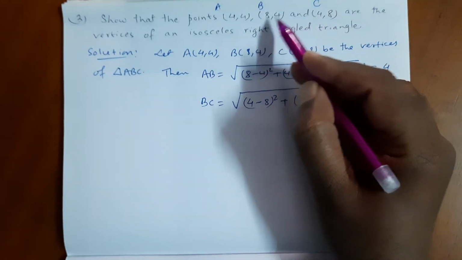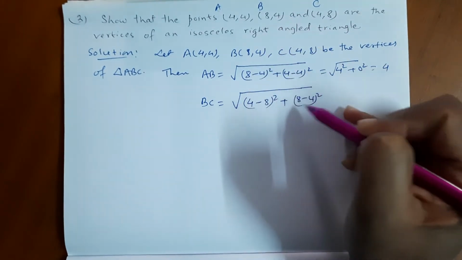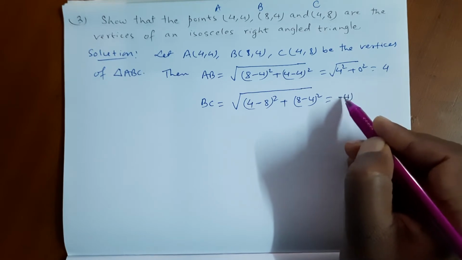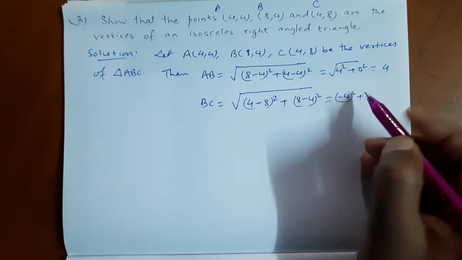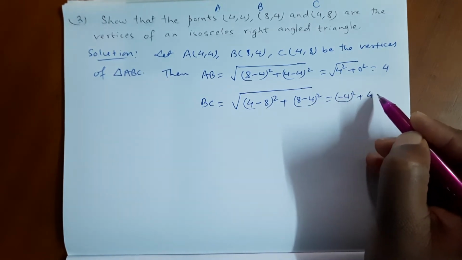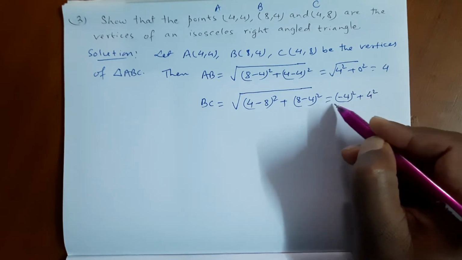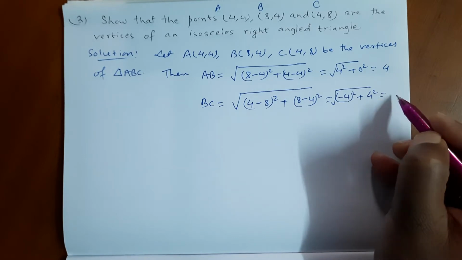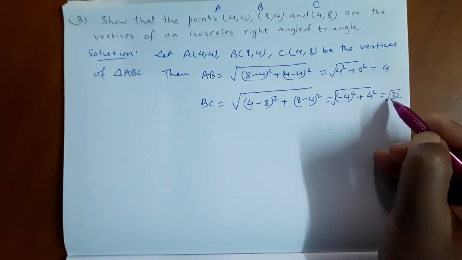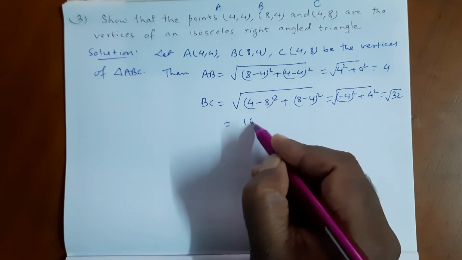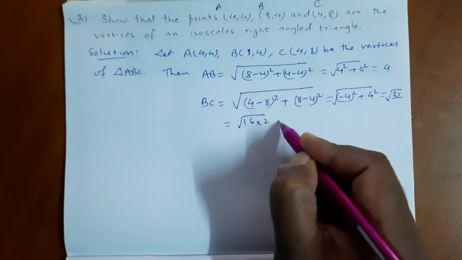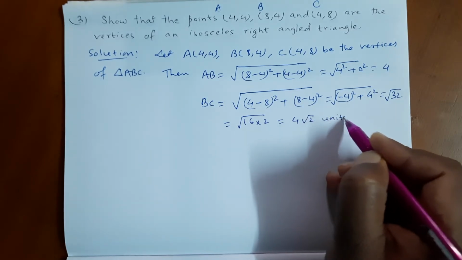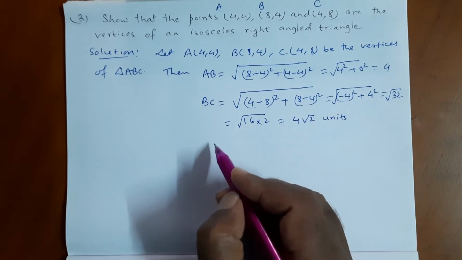That is difference of x coordinate square, difference of y coordinate square. (4 minus 8) square, that is minus 4 square, plus (8 minus 4) square, that will be 4 square. Okay, here 4 square is 16 plus 16, that will be 32, and 32 you can write 16 times 2, root over this. Square root of 16 is 4 root 2 units.